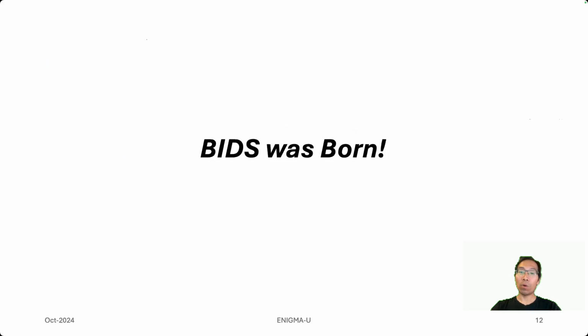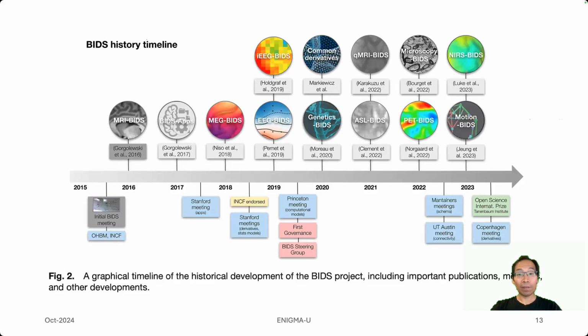Against this background, one of the most featured structures, BIDS, was born. On the screen is a BIDS history timeline, from which we can gather several general ideas. First, BIDS is very young, less than 10 years since the idea was introduced in 2015. Second, in the beginning, it was more about MRI, especially task fMRI.